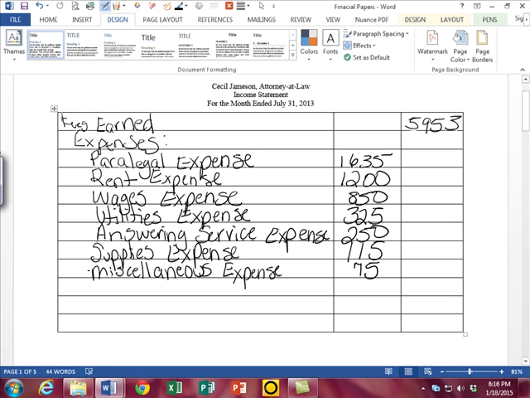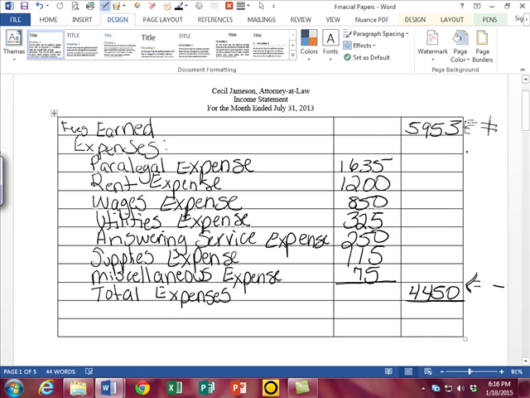Once we have all the expense accounts listed, we do total expenses. We total all of the expense accounts and put that total out on the far right column. $4,450 is the total expenses. Then I have to determine whether the company had a net income or net loss. In this case, the revenue is higher than the total expenses, so this is a net income.